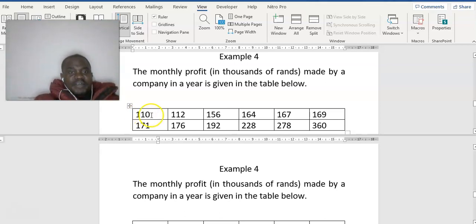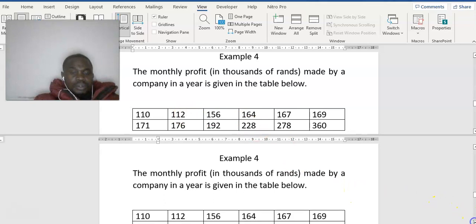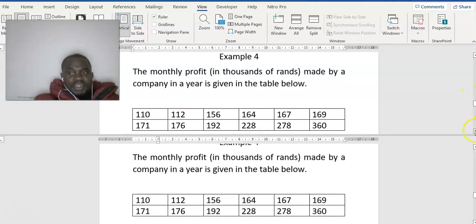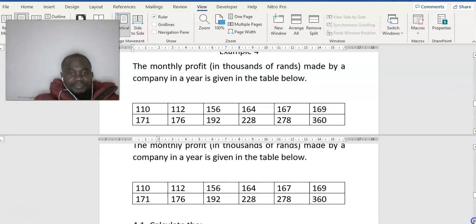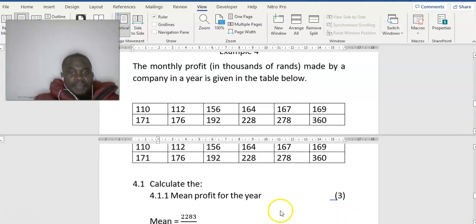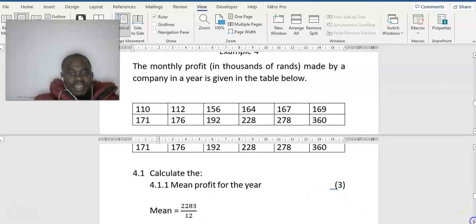So this one is 110,000, 112,000, like that. What is the question? The question says, calculate the mean profit of the year.